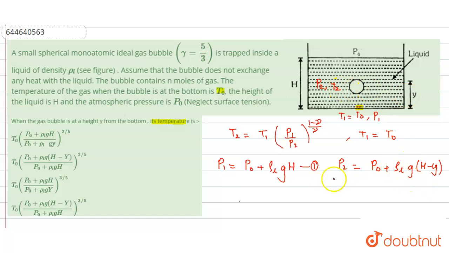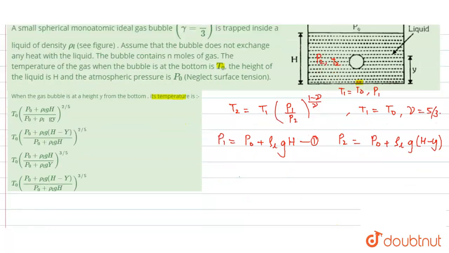Now we know the P1, we know the P2. Now we also know the gamma. The value of gamma is given in the question. This is equals to 5 by 3. So we simply need to substitute that and find out the correct equation. So let's try to find out.